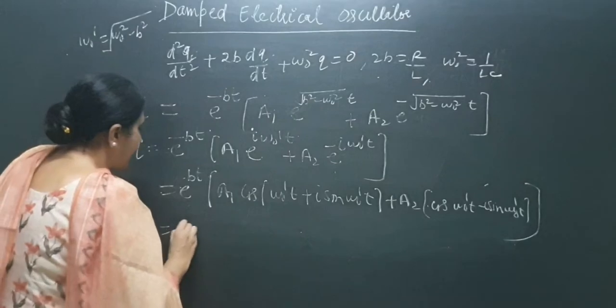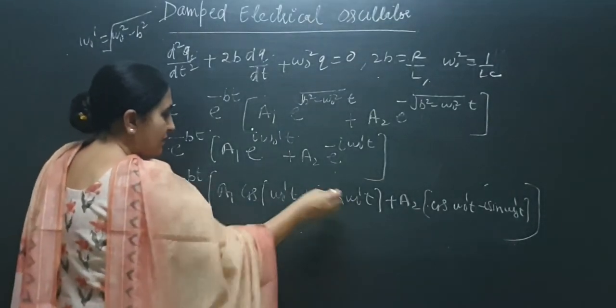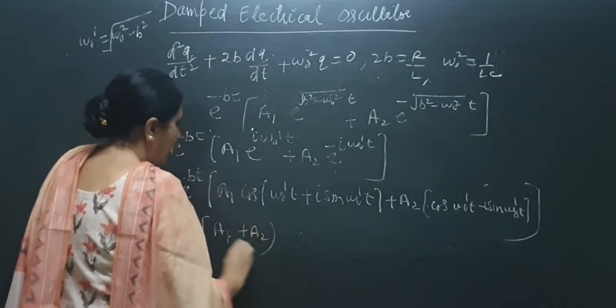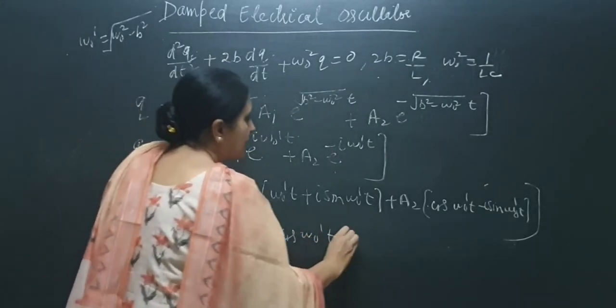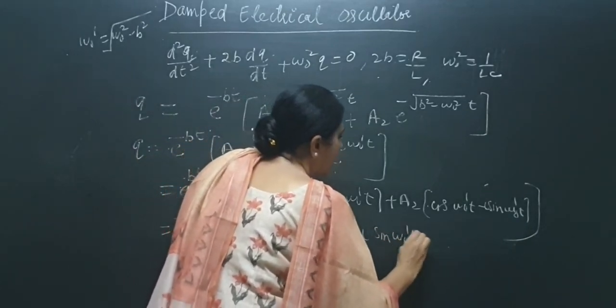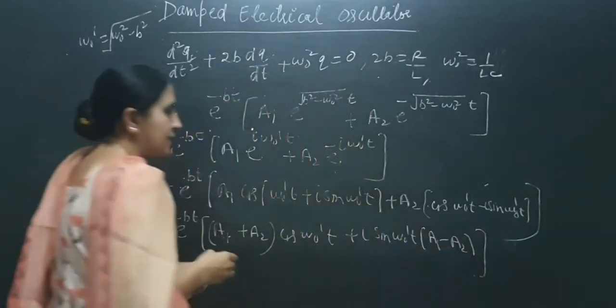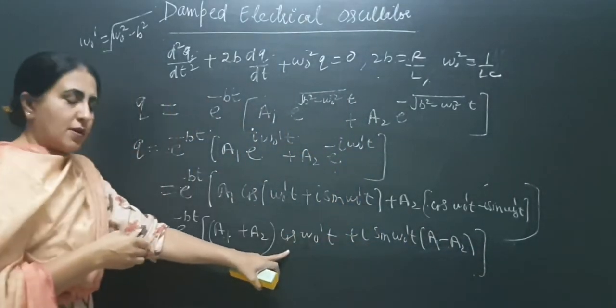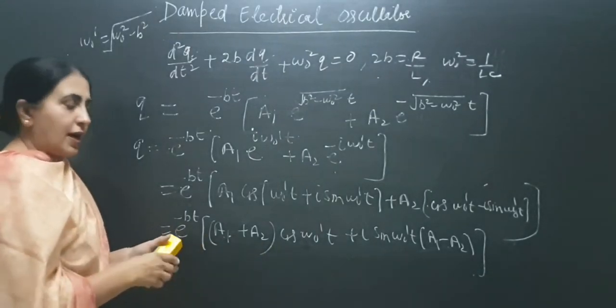So when you take the factors common, you get a1 plus a2 cos of omega naught dash t plus iota sine of omega naught dash t common a1 minus a2. Here iota sine term is common, and a1 plus a2 you can take as another constant.